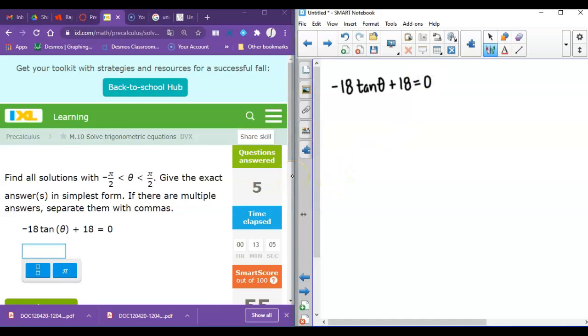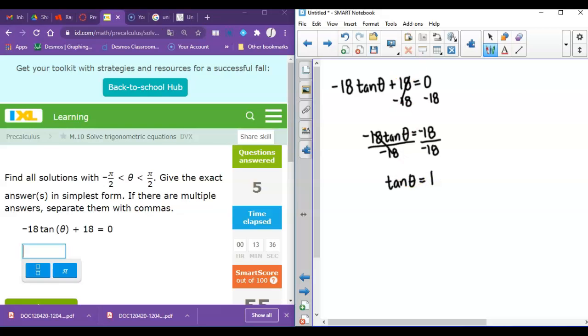So what I'm going to do here is just like whenever I have sine and cosine, I'm going to solve for that tangent theta. So I'm going to subtract the 18 from both sides. I've got negative 18 tangent of theta equals negative 18. I'm going to divide both sides by negative 18. And so tangent of theta is going to equal 1.